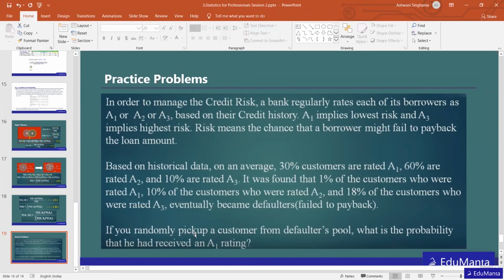If you randomly pick a customer from the defaulters pool, what is the probability that he had received an A1 rating? What we have to find is that the person is already in the defaulters pool, so we have to find the probability that that particular person belongs to the A1 group.